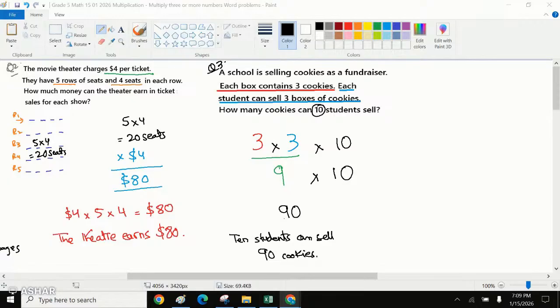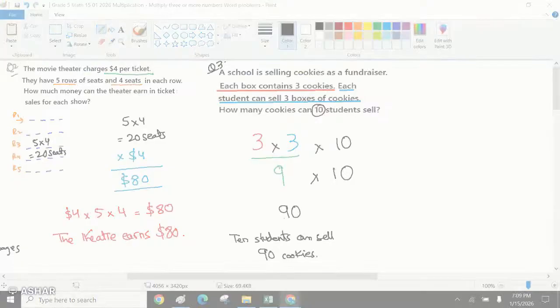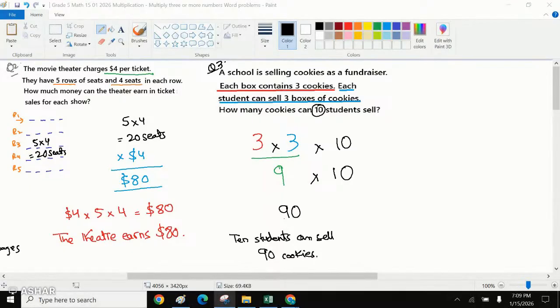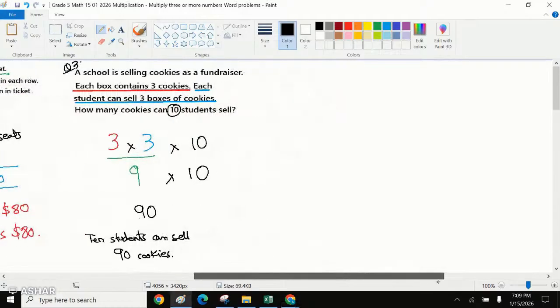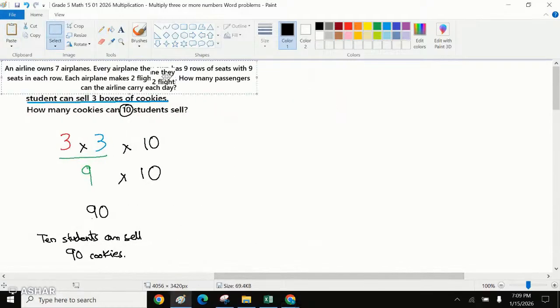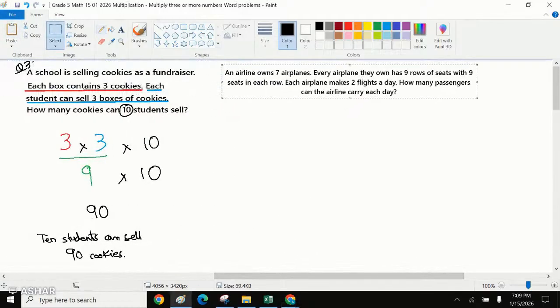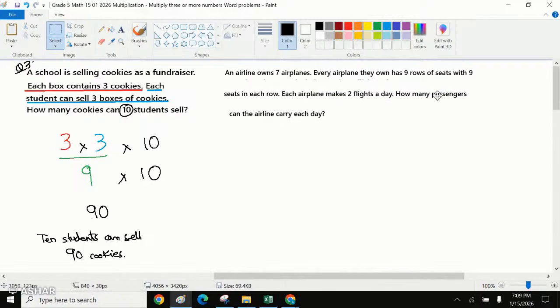For the next question, the question says, an airline owns 7 planes. Okay. And they are carrying passengers from one place to another. So if this was the question given to us, okay, let me just realign so that our data is right in front of us, okay?